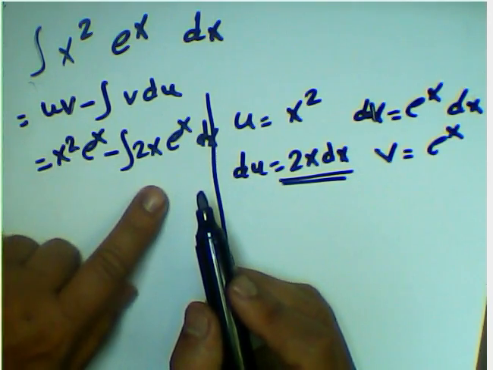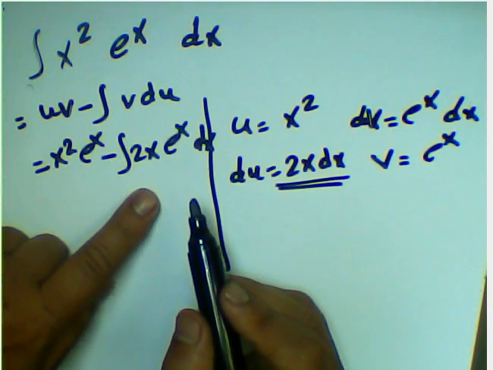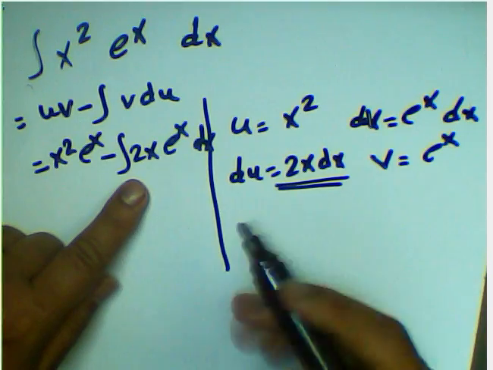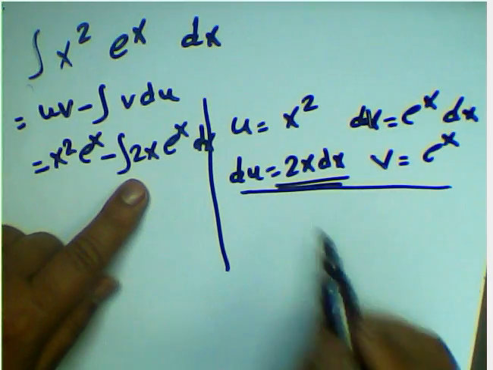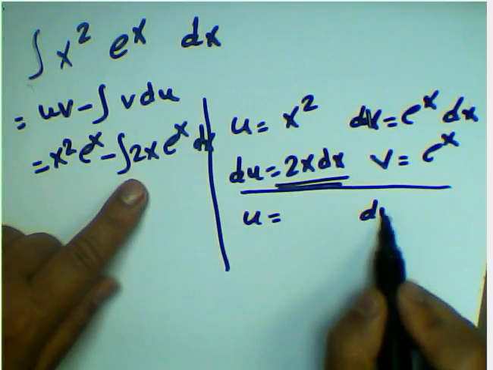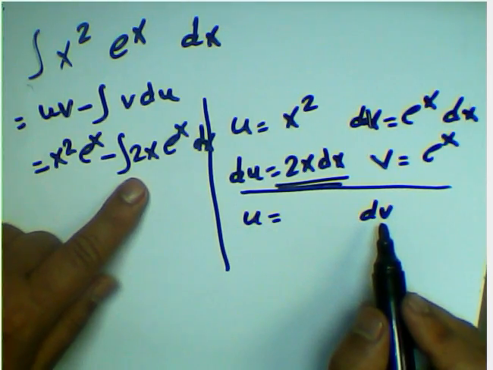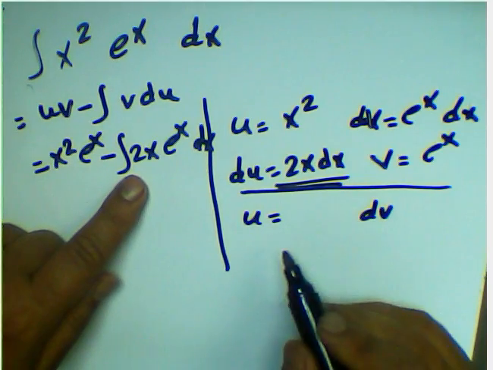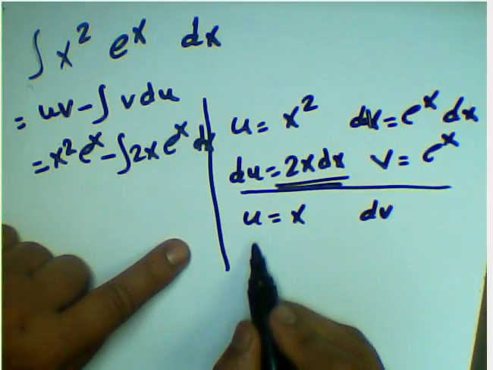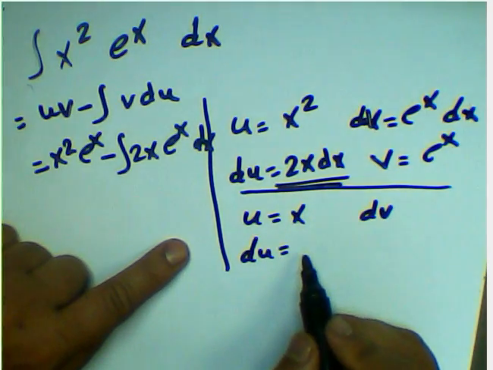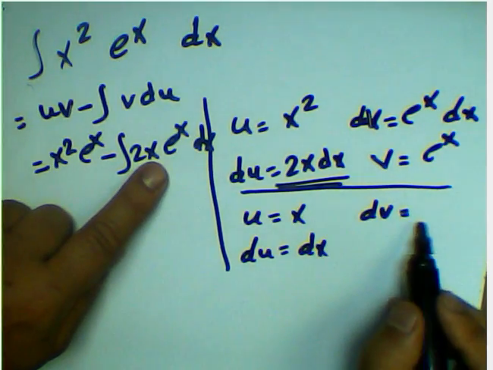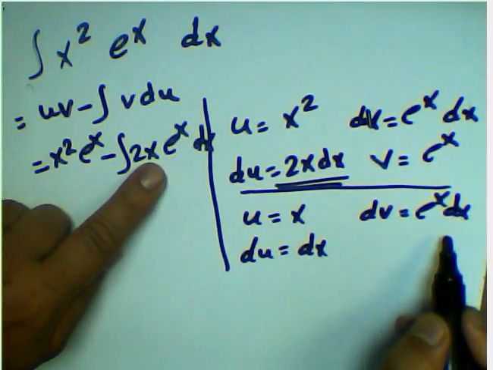We can find the integration of this function again, because we have x and e power x. Then we use the rule again, choosing u and dv. We have 2 here, so write 2 outside as a coefficient. u equals x, du equals dx, and dv equals e power x dx.